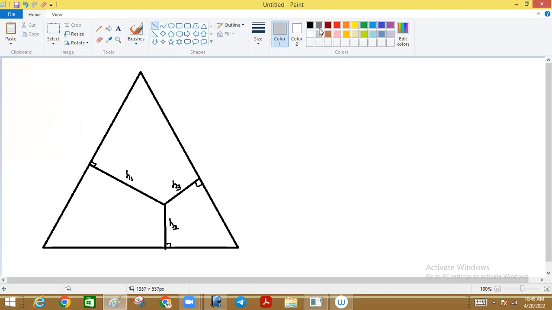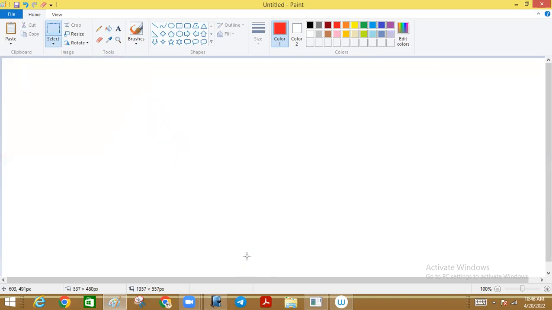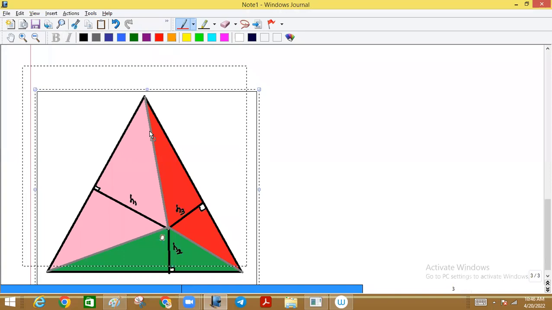I'm connecting. The point I'm taking as O. Let me shade them. You can see. What kind of a triangle is it?